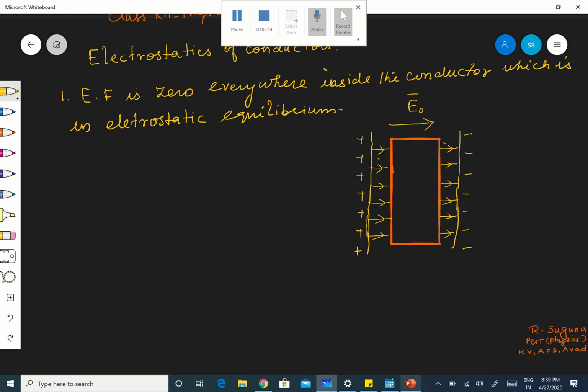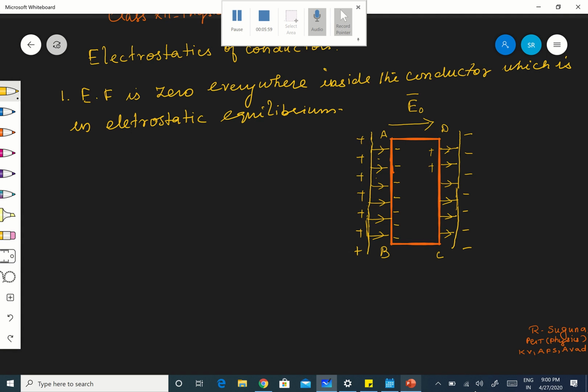The left side is positive, therefore all the electrons will be attracted towards it. Let me name the faces A B C D. Towards AB all the negative charge will come, leaving the positive charge on the right side, that is CD.